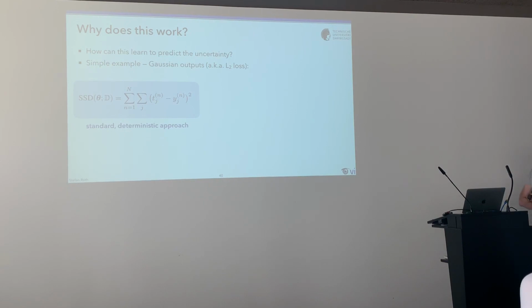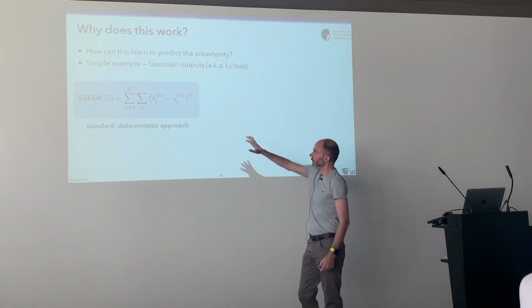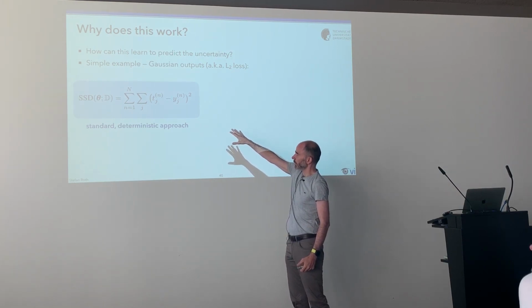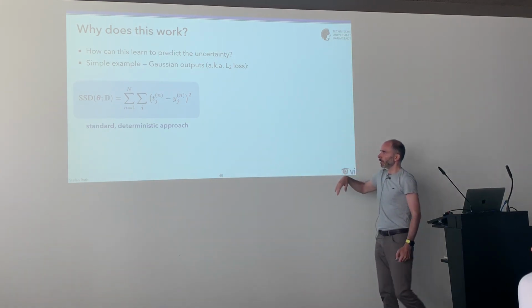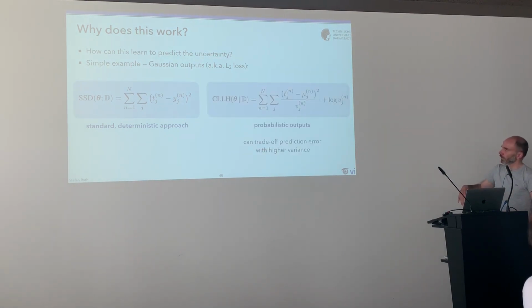What you do in standard supervised training in the deterministic case is that you penalize the squared error and you sum that up over all training data instantiations. What you do in this probabilistic setting is that you output both a mean and a variance. So in some sense it's very similar. In the typical standard supervised learning we only output the mean. Now what we do in addition is output the variance, and we don't have ground truth for the variance, right?